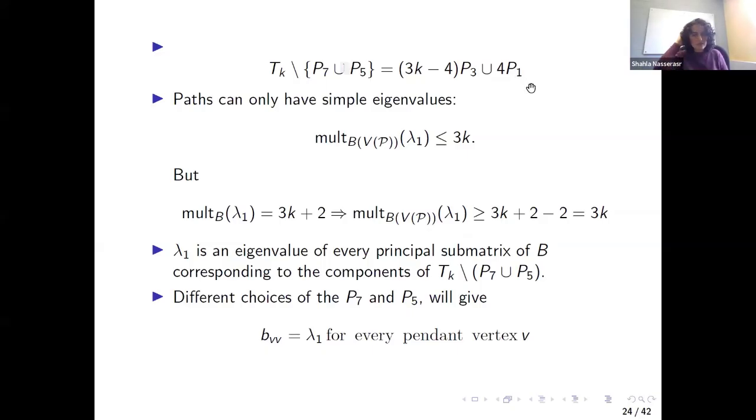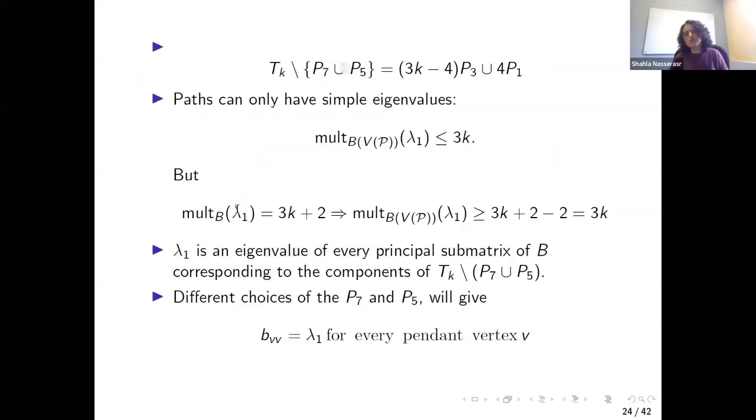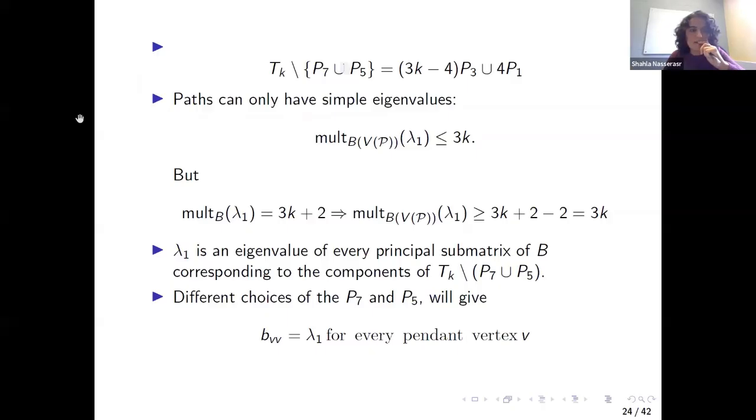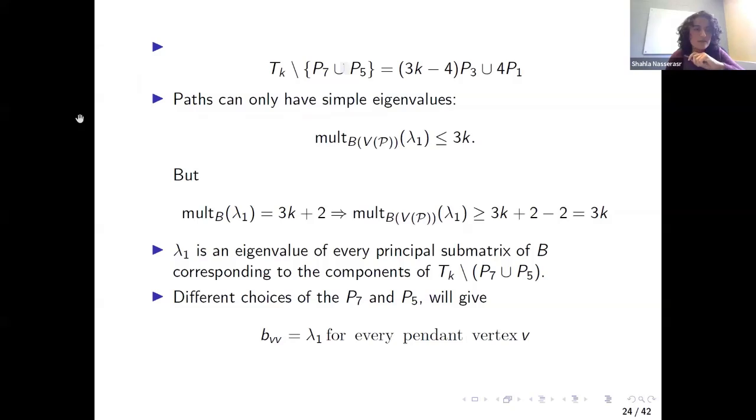So going back to our multiplicity equation using the rigid linkages, if I go back to the list, the multiplicity of λ1 in B is 3k+2.